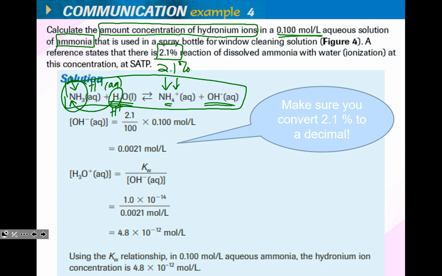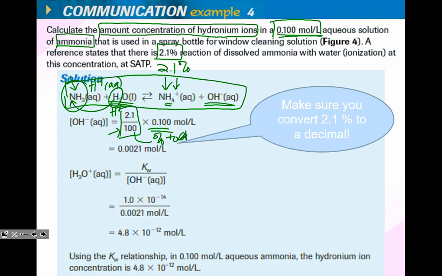So I have to take my 0.100, right, and multiply it by 2.1%. Now, you have to understand that 2.1% mathematically does not equal 2.1, because 2.1 means double, and it's not double, it's only 2.1%. So this is where this 100 comes from. That's going to convert my percent to a decimal.